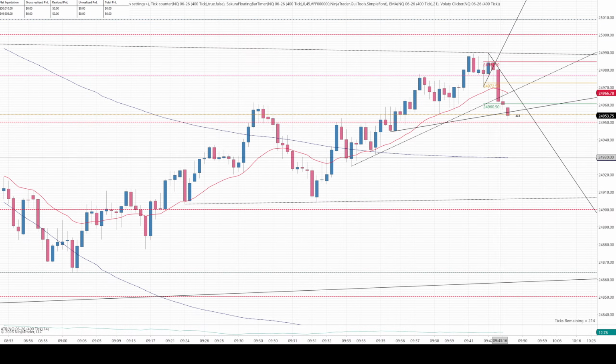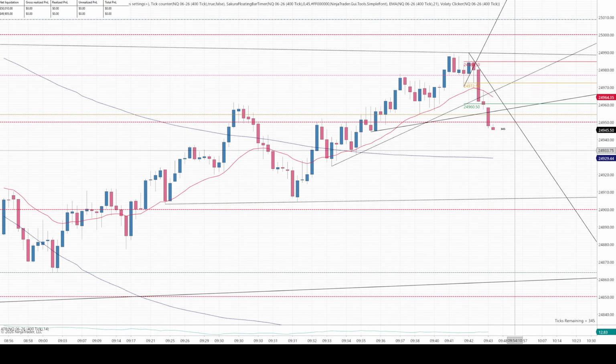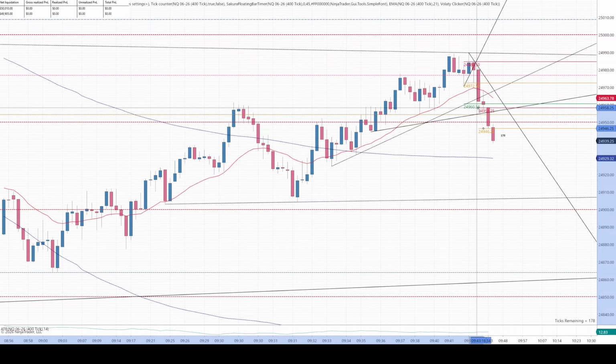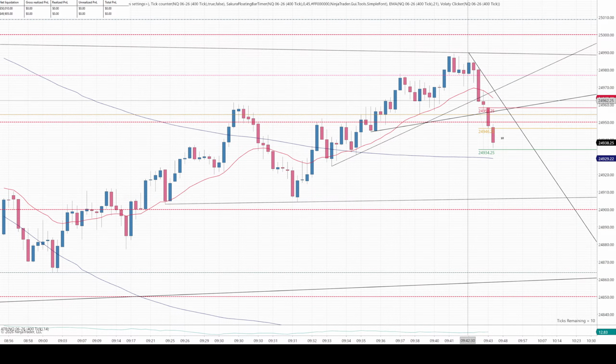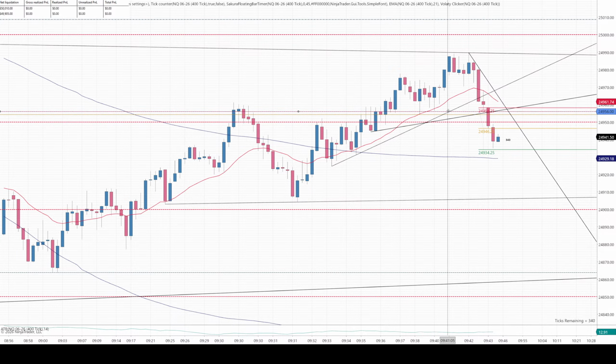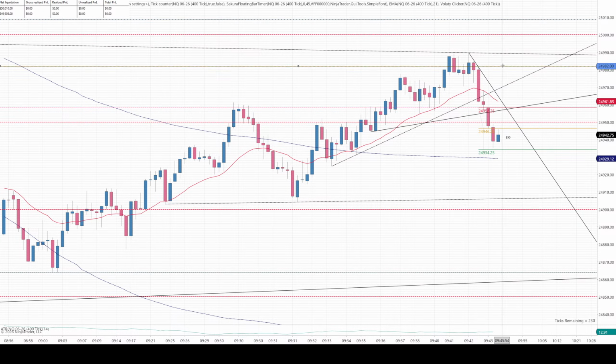Okay, we're coming back at 950. What do we do here? Close underneath it. We triggered lower. Golden ruler moves up.